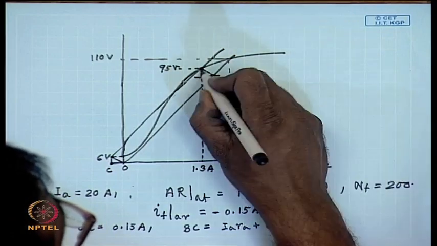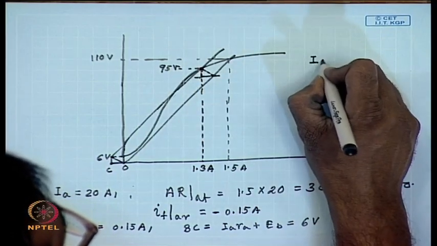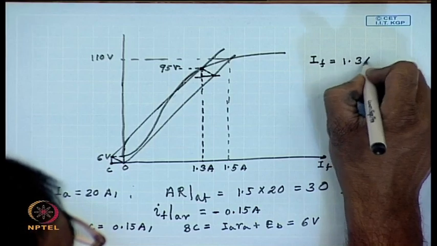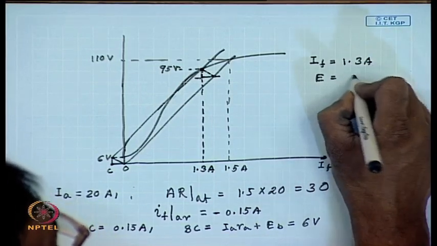So, the intersection point is IF equal to 1.3 amperes, E equal to 95 volts.